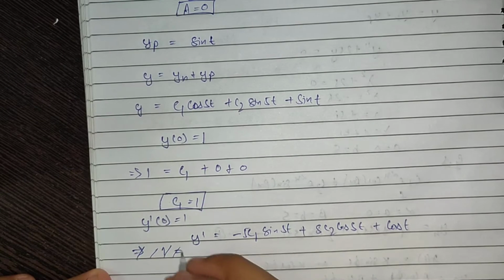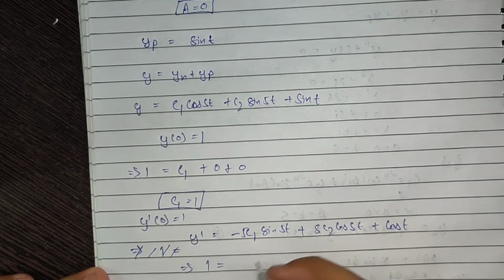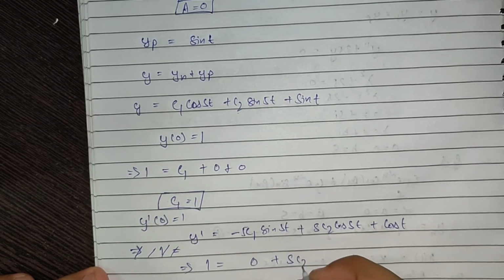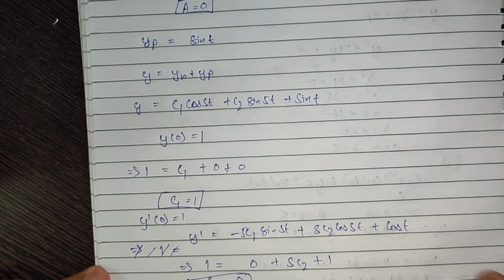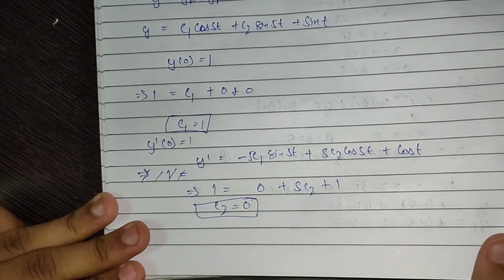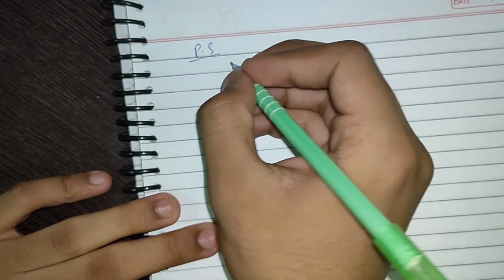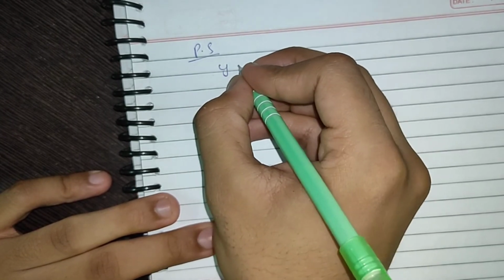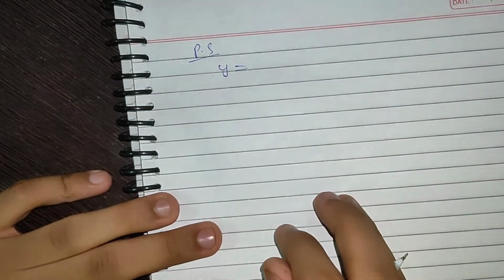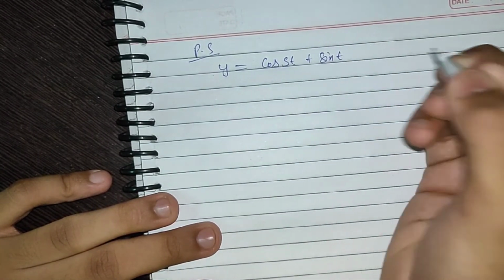So when we put y dash (0) is equal to 1, we'll get 1 is equal to 0 plus 5c2 plus 1, so c2 will be 0. Now let's write our final particular solution for the parent equation. By putting c1 and c2, we'll get y is equal to cos 5t plus sin t.